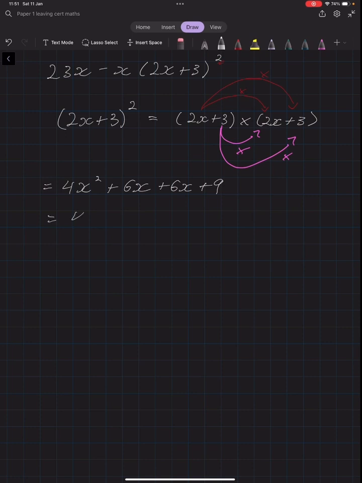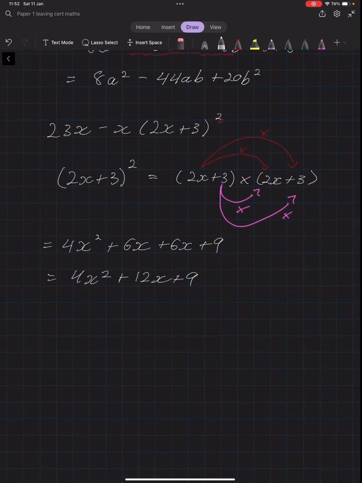And then this is just going to be 4x squared plus 12x plus 9. Because again, you have that 6x plus 6x, because those two things have an x in common. You have the same number of x's, and therefore you can just add them. The same way that I can add x and x, I can add x squared and x squared, I can add 1 and 2, because they had the same number of x's.